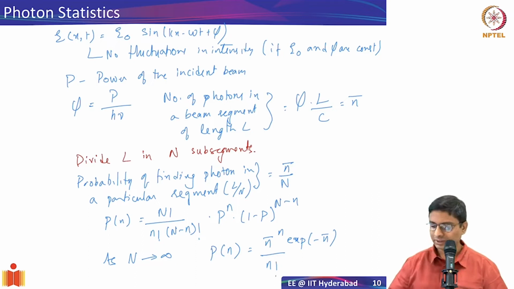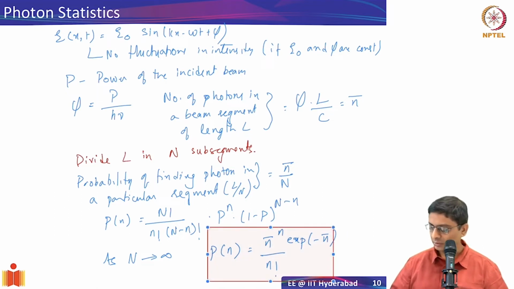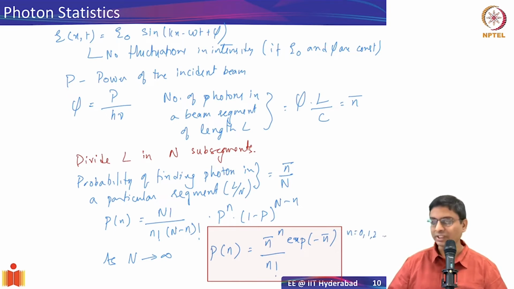This is the probability distribution that tells you the probability of finding n photons in a particular beam segment, where n is 0, 1, 2 and so on, integer numbers.